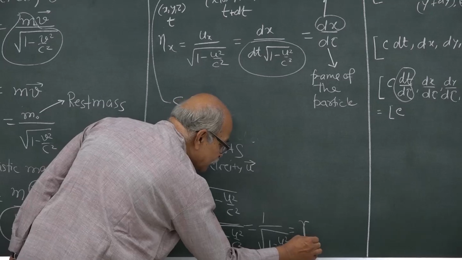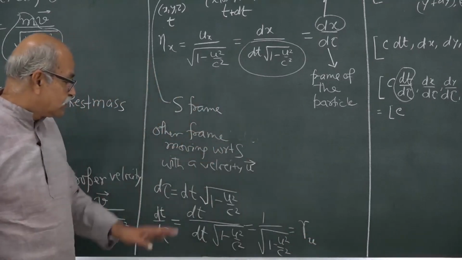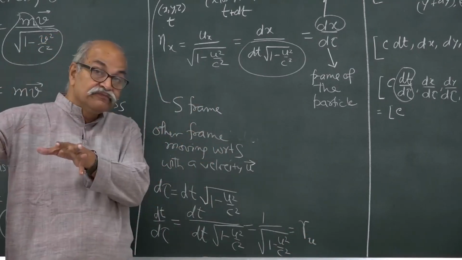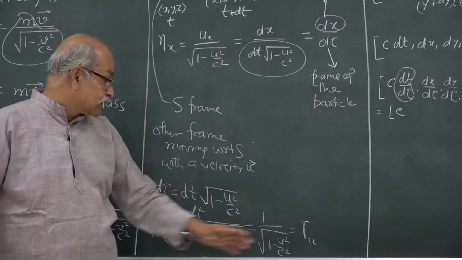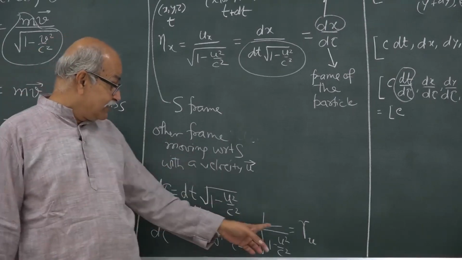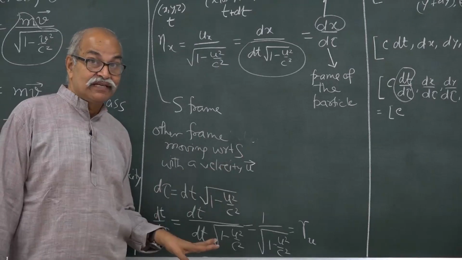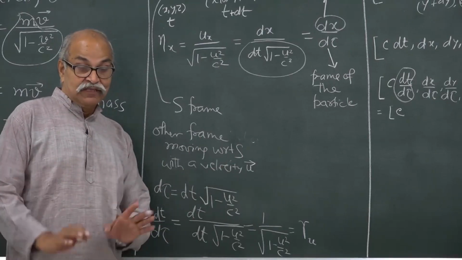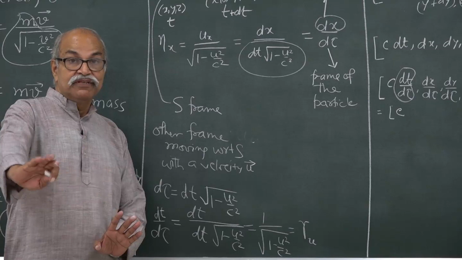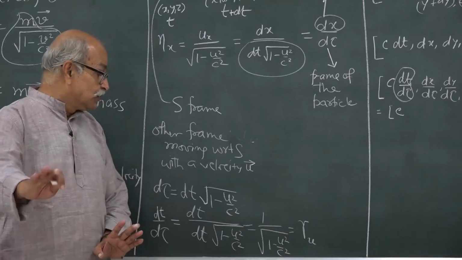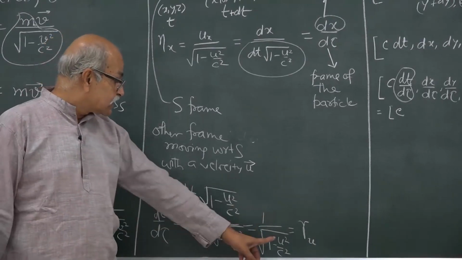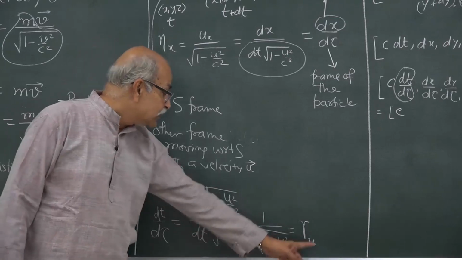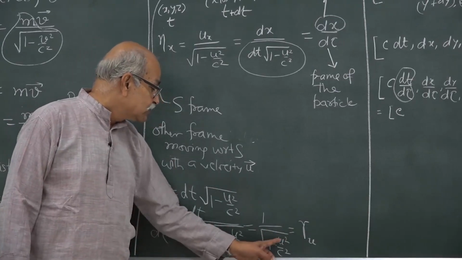Let me write it as u to remind that it is not the frame velocity we used in all these things. This is the particle velocity in the frame in which I am working. In that particular frame the particle is moving with velocity u, and with that corresponding u I have 1 by square root of 1 minus u square by c square.